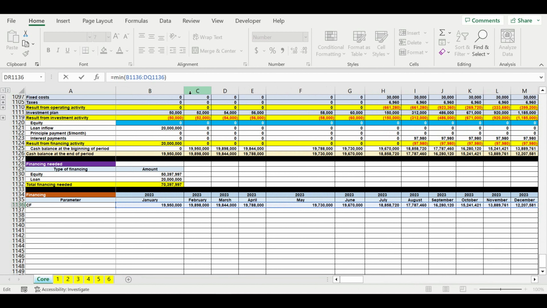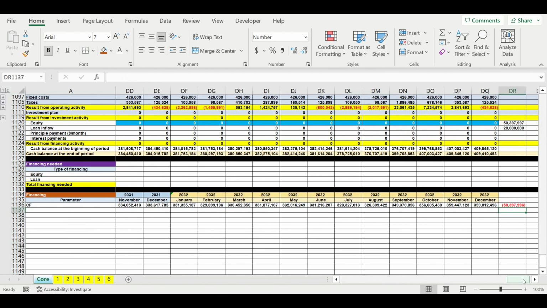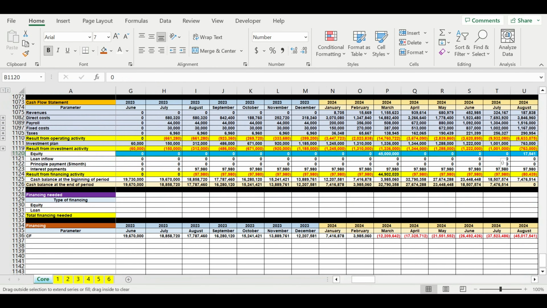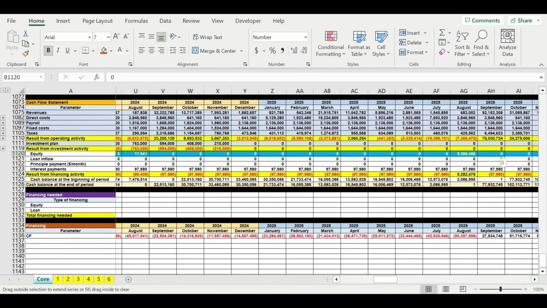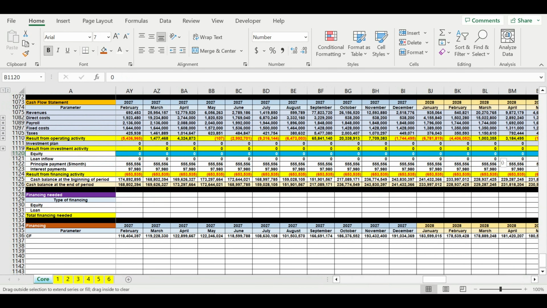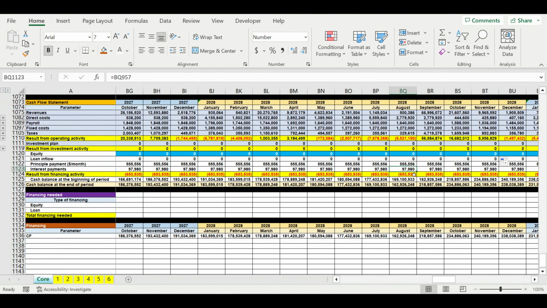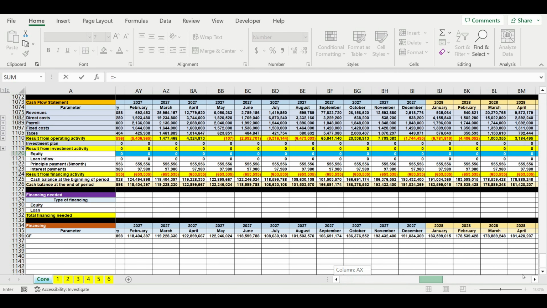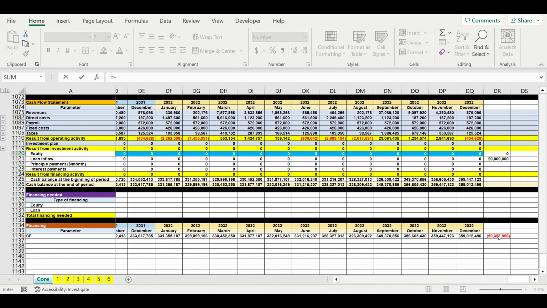Now I will make zeros here, zeros here, and now I will put here equals, then add minus and pull this cell, and now magic has happened.